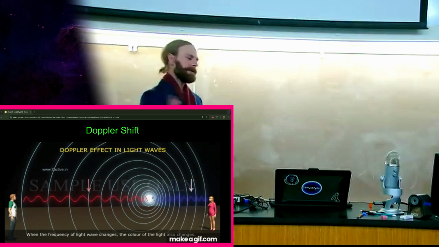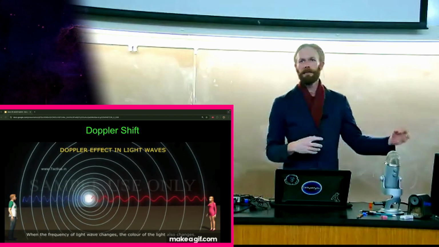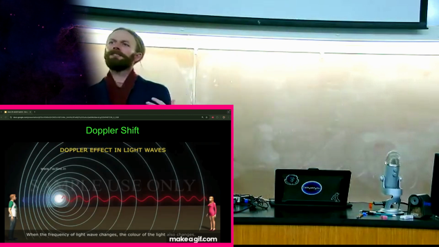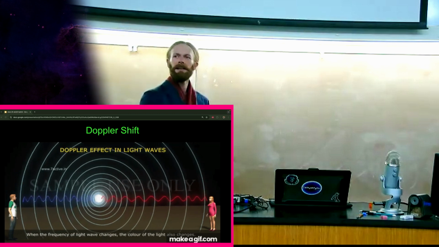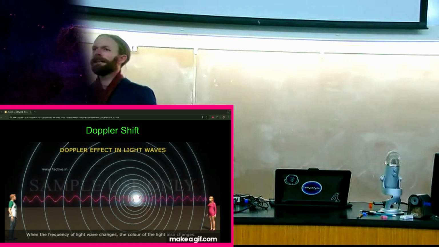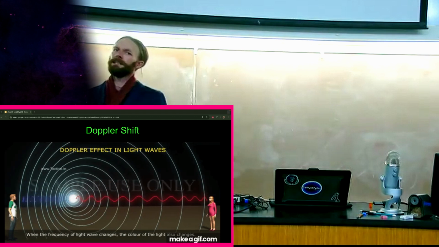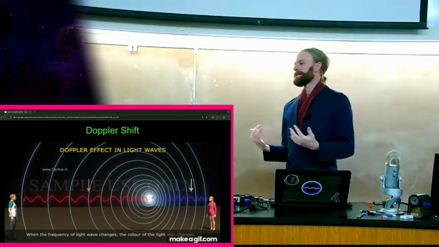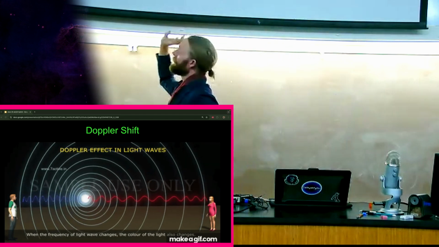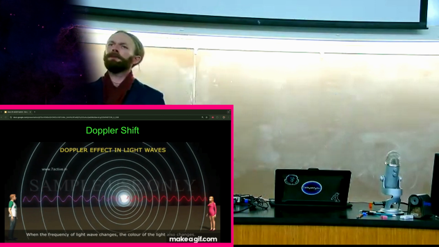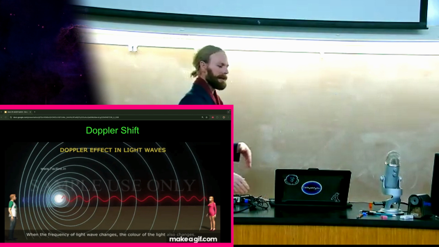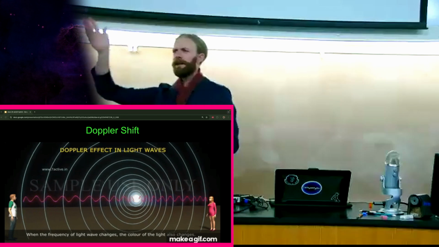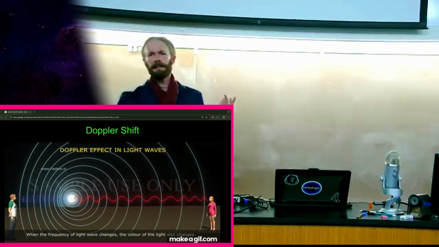And the opposite will happen if a source is moving away. So it's kind of the same thing as an ambulance, but you have to think that low pitch for light is kind of like reddening, and high pitch in the sound realm, the analog for light is the bluing of the light. So this is cool because, all things being equal, we look at the atmosphere of a star and say, okay, there's a peak over here that roughly corresponds to one that has all been assigned in laboratories very easily.